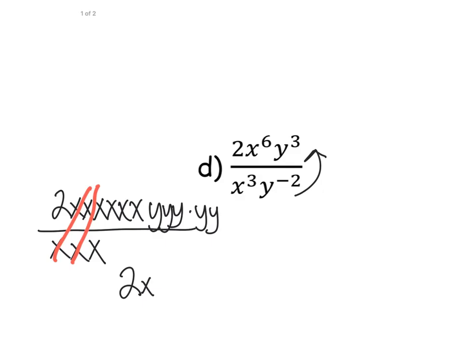Okay, oh yeah, there are 4. I did a bad job with my red line. How many Y's are on top? 5. Or wait, 3. 1, 2, 3. Aha. How many Y's are there?